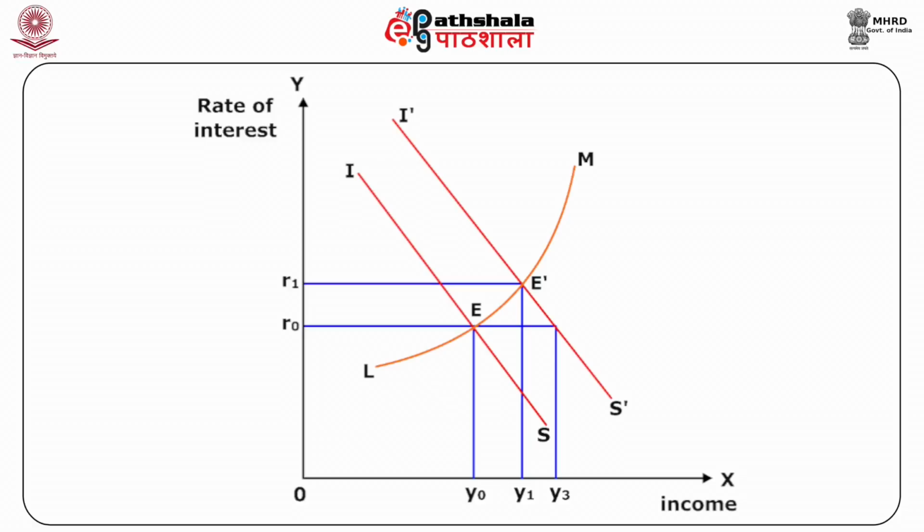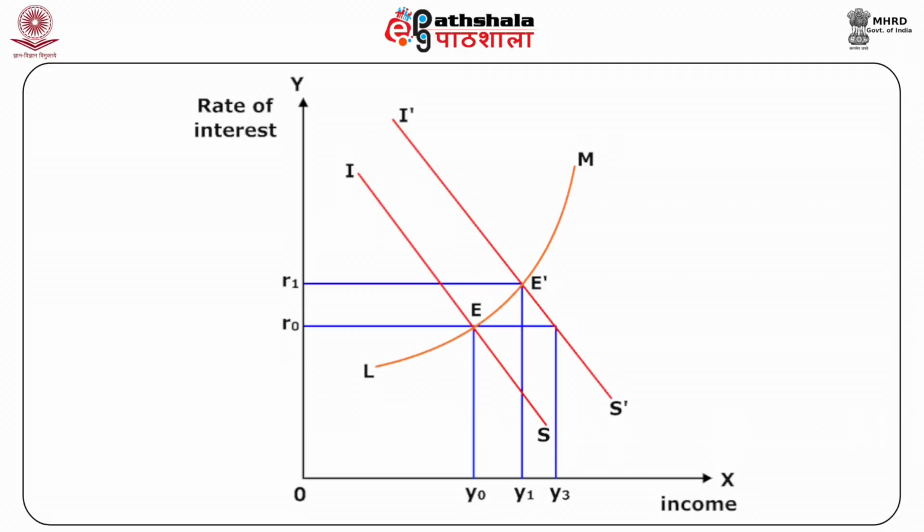At the intersection, if, for instance, the rate of interest remains at r0, then this is a point of disequilibrium. On the other hand, if we consider E prime, then this is a new point of equilibrium. IS and LM are intersecting, and correspondingly the rate of interest has gone up.